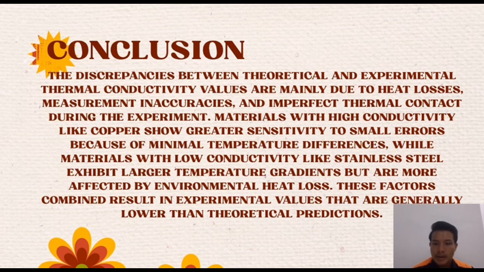Materials with high conductivity like copper show greater sensitivity to small errors because of minimal temperature difference, while a material with low conductivity like stainless steel exhibits large temperature gradients but is more affected by environmental heat loss. These factors combined result in experimental values that are generally lower than theoretical ones.